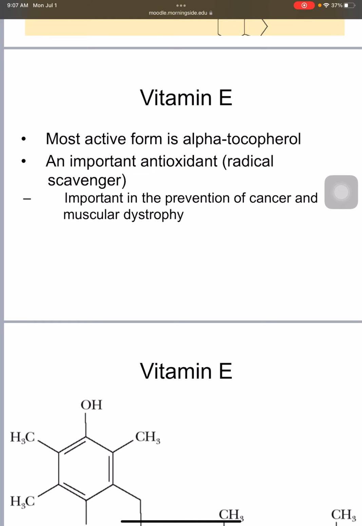Instead, they interact with vitamin E, which can react with them, and so that's important. That helps prevent a lot of our biomolecules from taking damage. It will act as an antioxidant and a radical scavenger, and so as a result, it prevents us from having certain types of conditions, diseases that are commonly caused by harmful oxidizing agents, most notably cancer and muscular dystrophy.